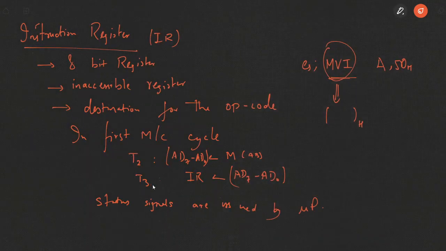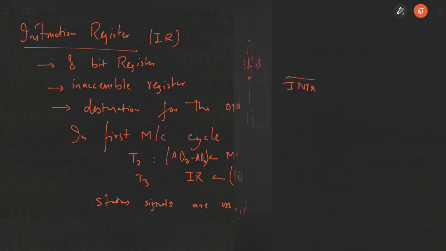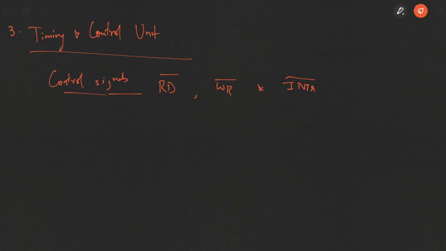In the T3 state the opcode is read by the microprocessor and stored in the instruction register, and in the T4 state the opcode goes to the decoder, where it is decoded for the microprocessor to process that information and to start execution.